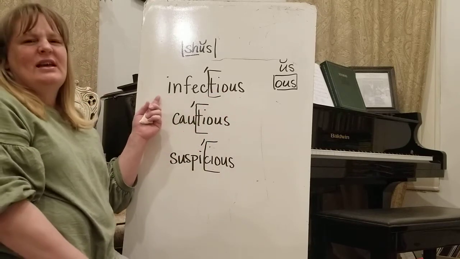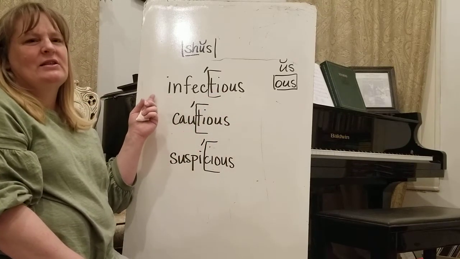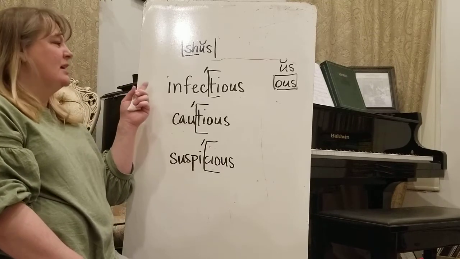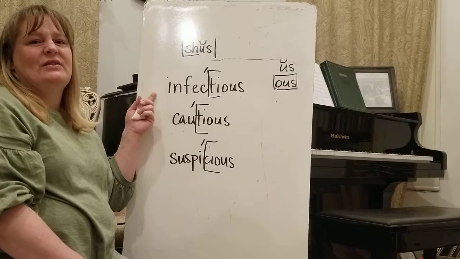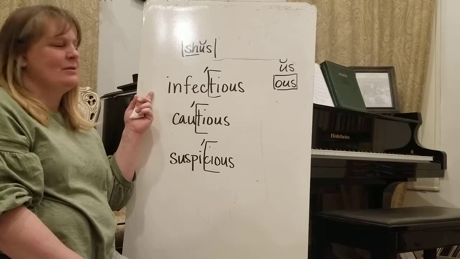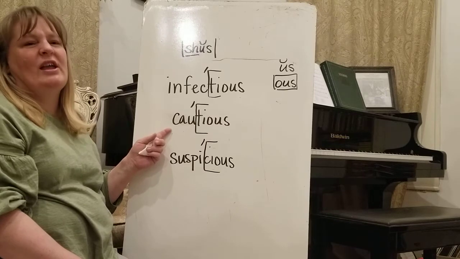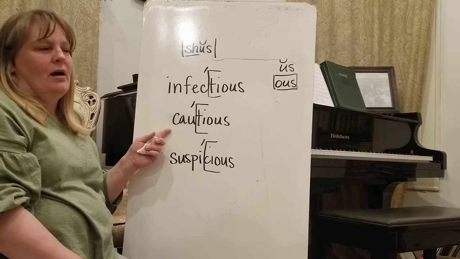Infectious is when something is easily spread, like if you are sick, your germs are easily spread to others, then that's an infectious disease or illness. Cautious means you're very careful about something.